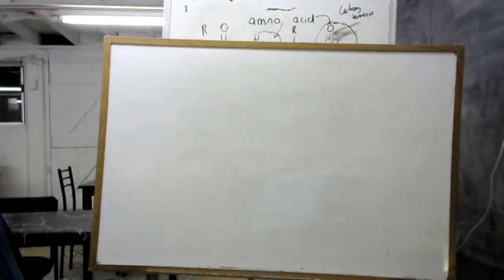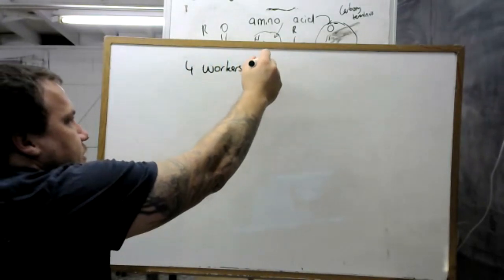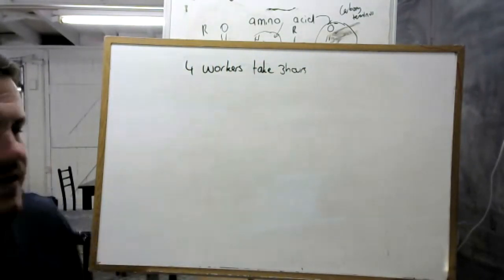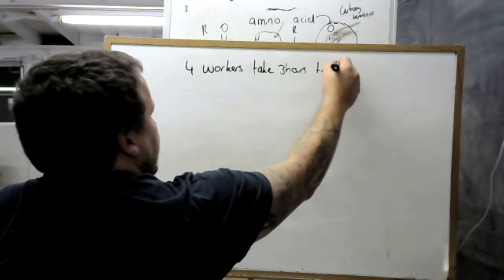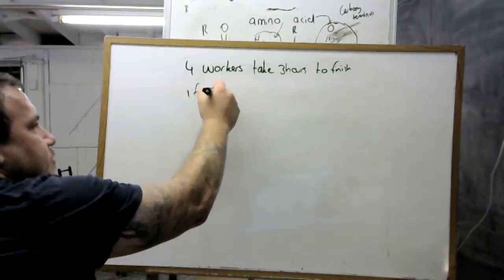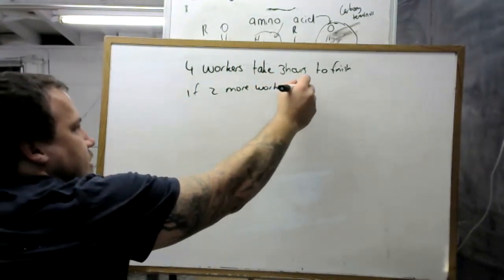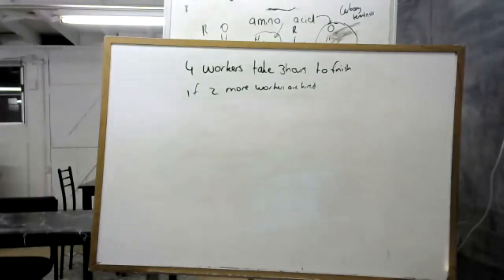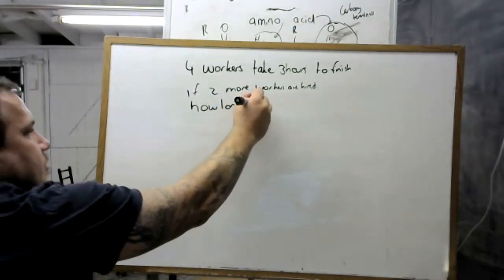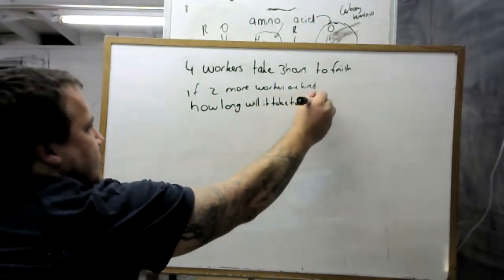So if 4 workers take 3 hours to finish, if 2 more workers are hired, how long will it take to complete the work with the additional 2?